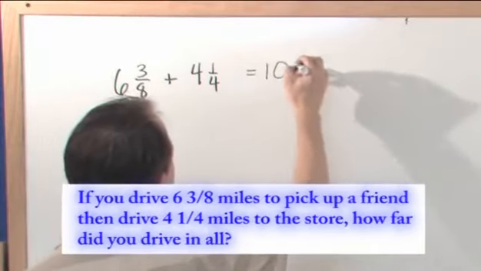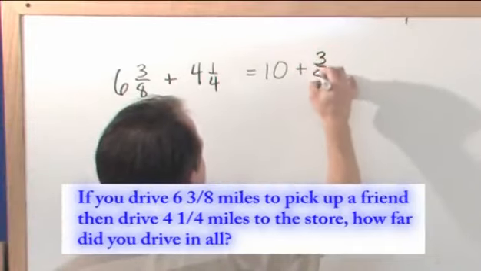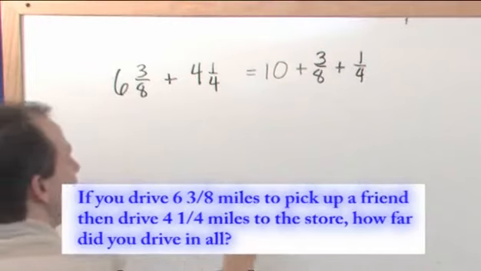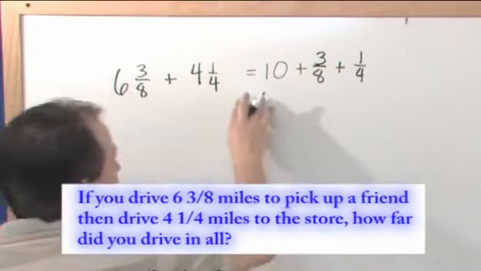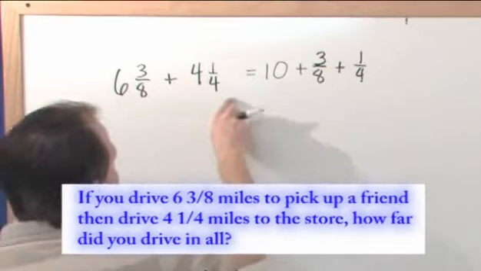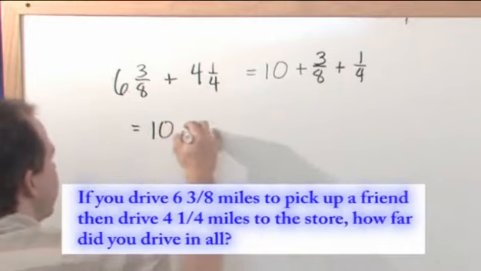So I know I'm going to have 10 plus, but I still have this 3/8 hanging out here, and I'm still going to have this 1/4 hanging out here. So I just need to add those fractions together, and then I'm going to have the answer. But I know I've got the 10 because 6 plus 4 is 10. Now I'm just going to add these fractions. So how do I do that?